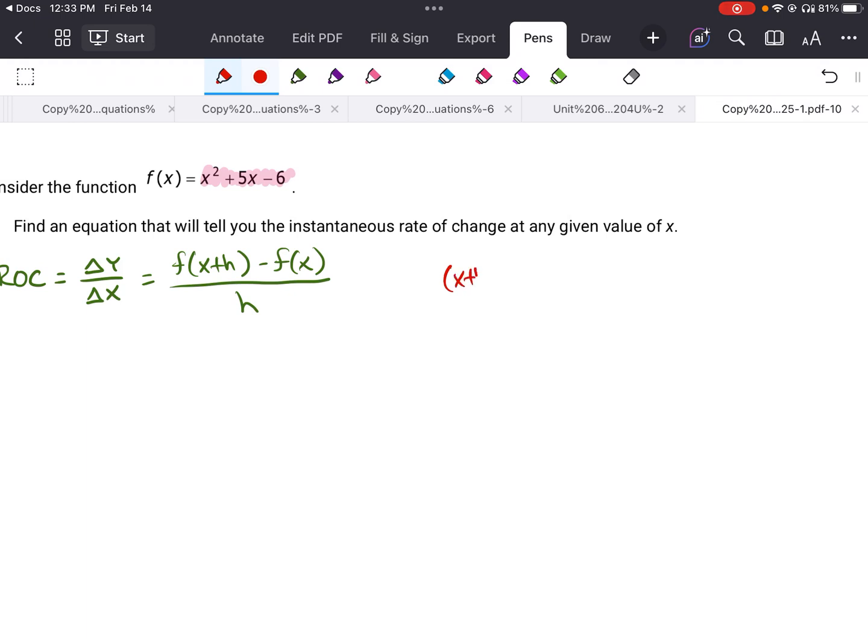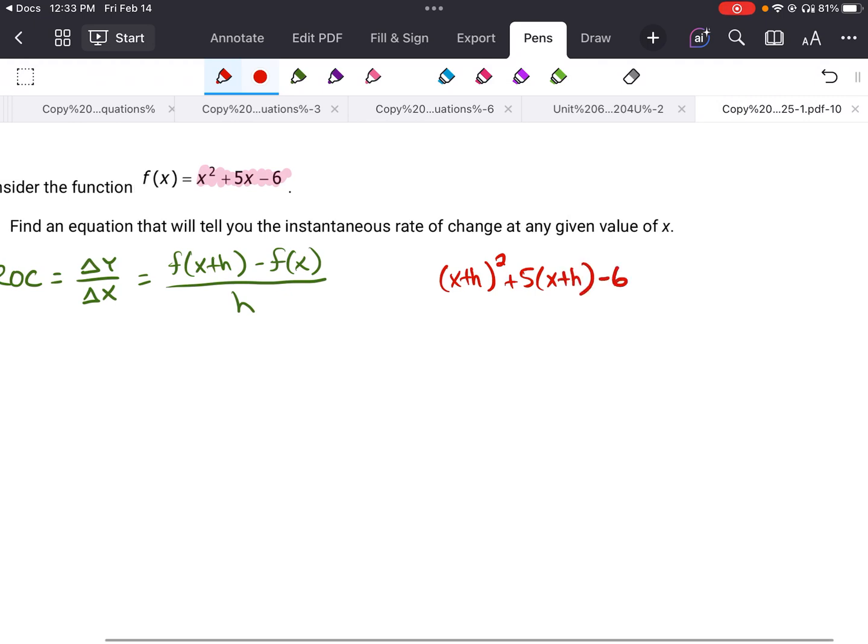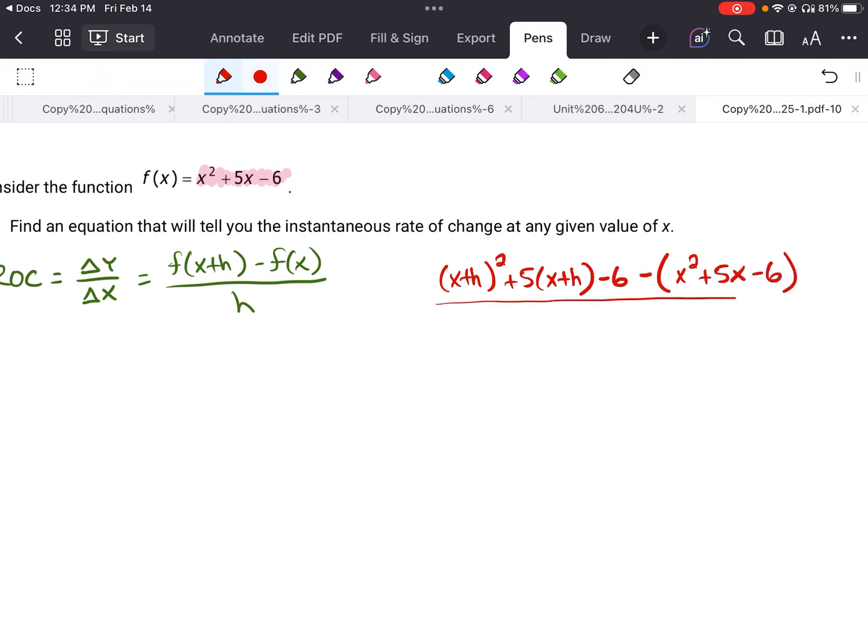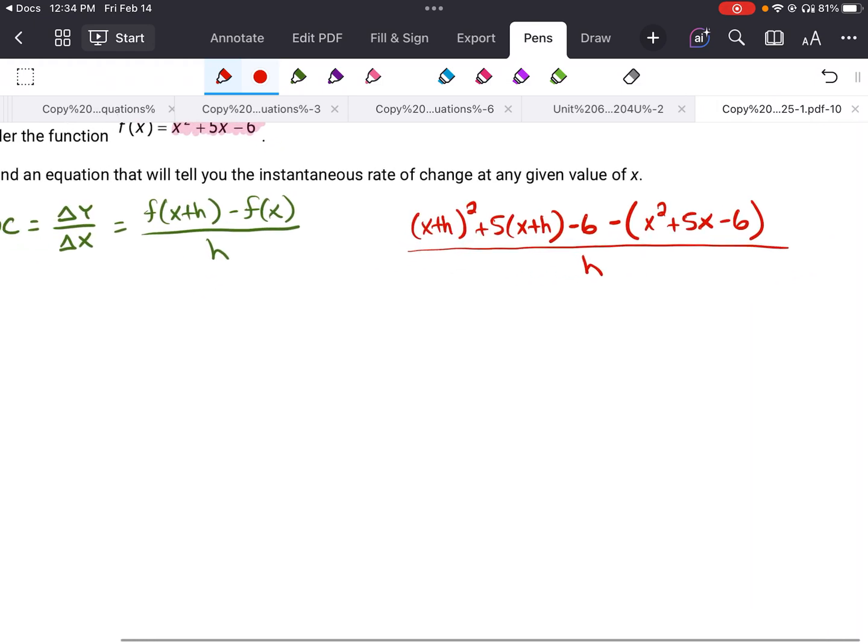So we have x squared, but we're replacing it with (x + h) squared plus 5 times (x + h) minus 6. And then we'll be subtracting the original x squared plus 5x minus 6. And all of that will be divided by h.